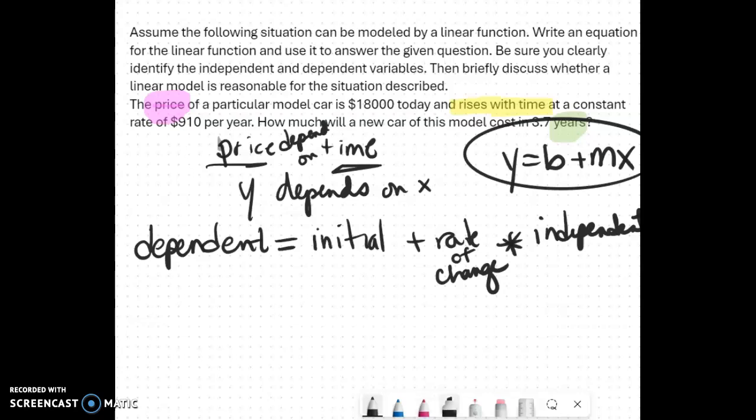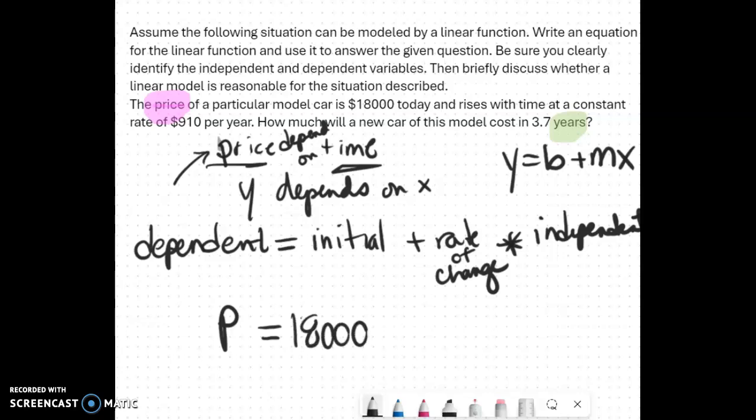So let's pick out what we need to write our linear function or our linear model. For the dependent, they told us to use p for price. So p is equal to the initial price. The car initially is $18,000 today. The rate of change is how much it's changing, that constant rate.